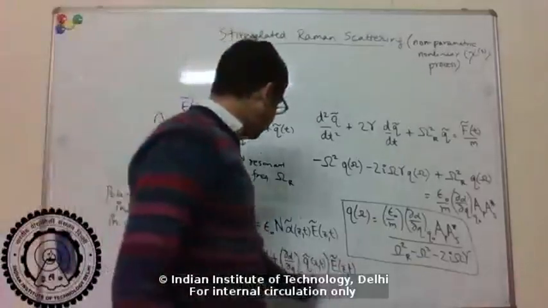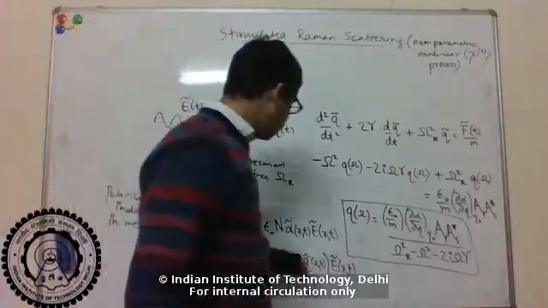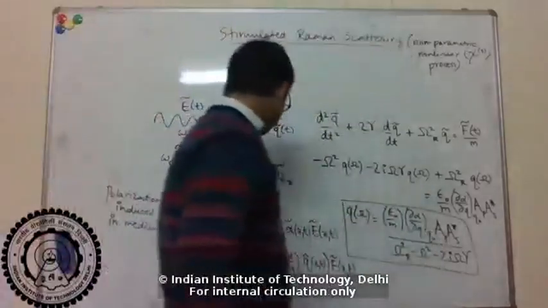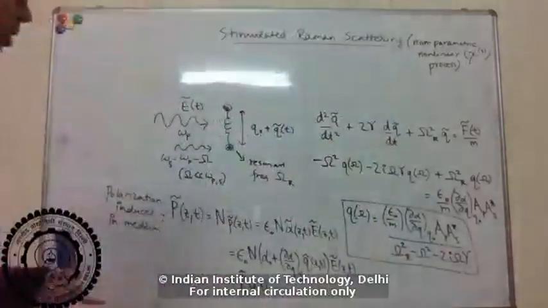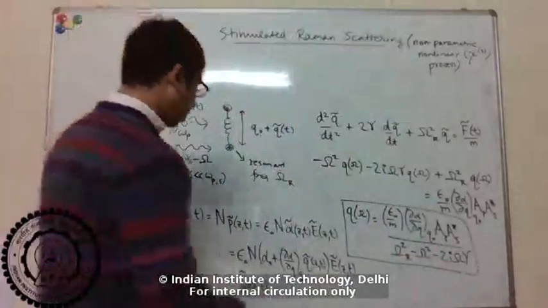And then the second term here, which is now proportional to the product of Q times E. Now Q also has fields, right? So the second term will be proportional to higher powers in E, or the higher powers in the amplitudes of my optical waves. So that will be the nonlinear part.